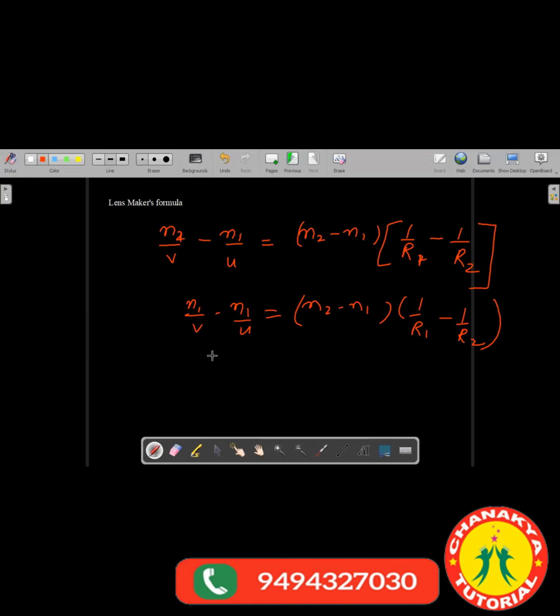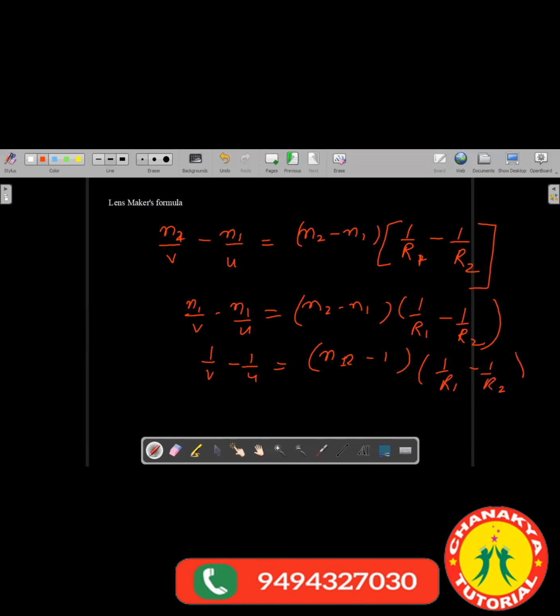N1 can be taken common, and you will have 1 by V minus 1 by U equals N2 by N1, which is the refractive index of 2 with respect to 1, minus N1 by N1, which becomes 1. So you have n minus 1, multiplied by 1 by R1 minus 1 by R2.